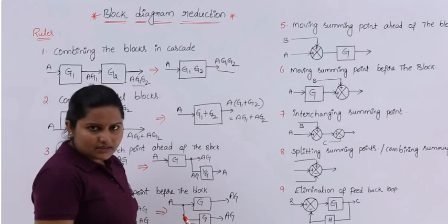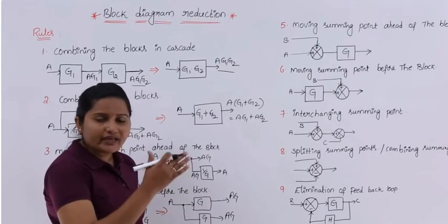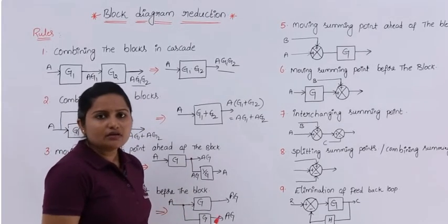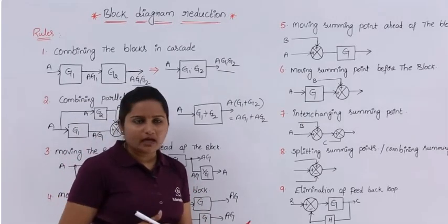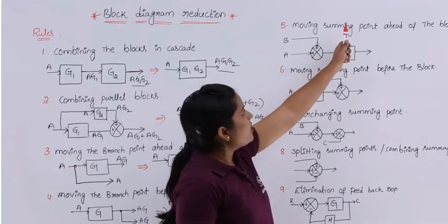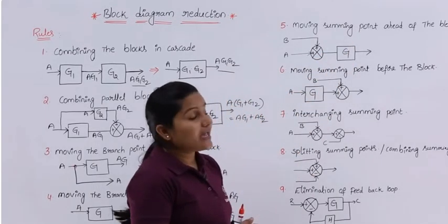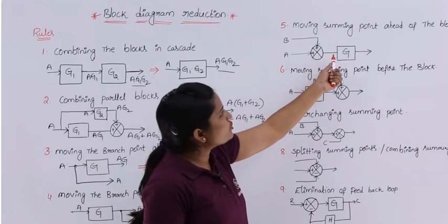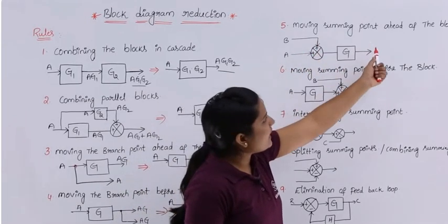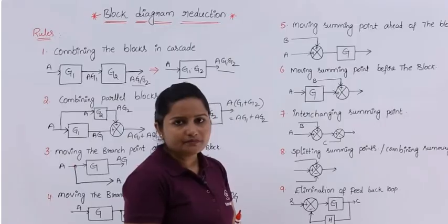So this is one important rule, moving the branch point ahead and before the block, and similar to that, moving the summing point ahead of the block. So here we need to move this summing point ahead of this block.